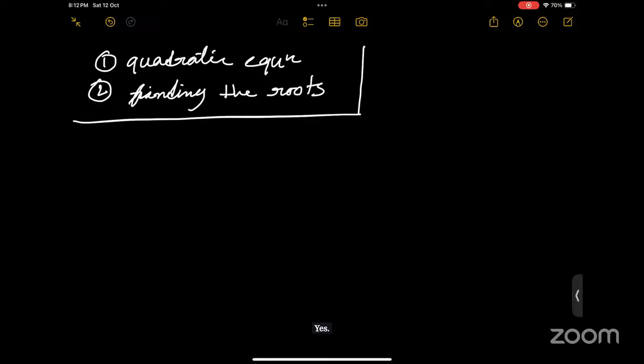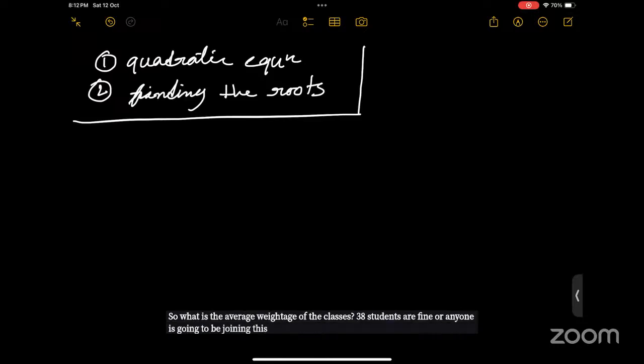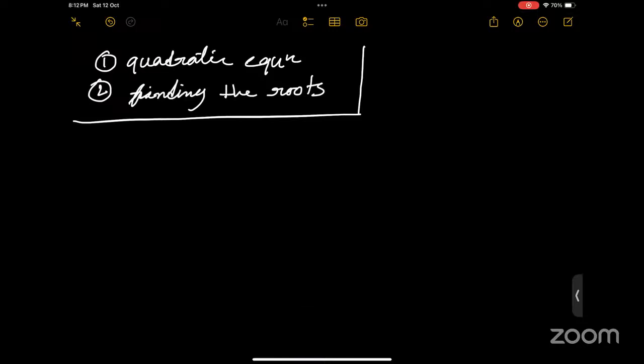So, what is the average weightage of the classes? 38 students are fine, or is anyone going to join? Any one of you, do you have any idea about it? Previous city also, yes, ma'am. Like in general, 50 or 60 students.